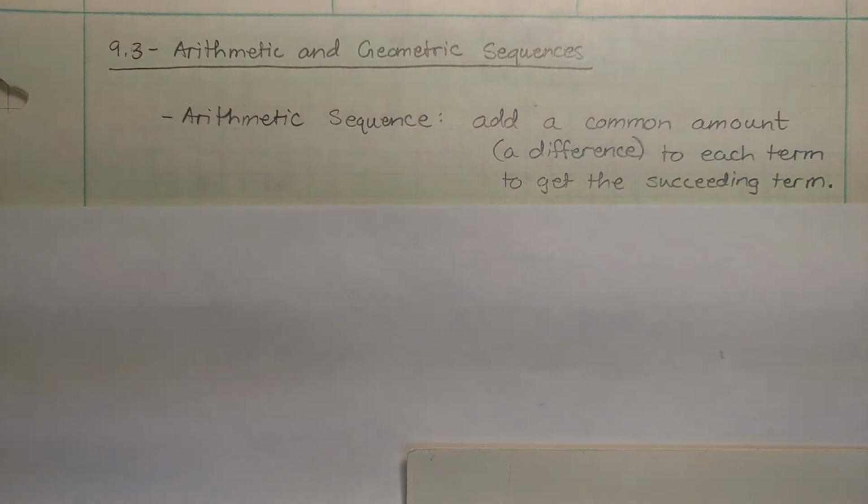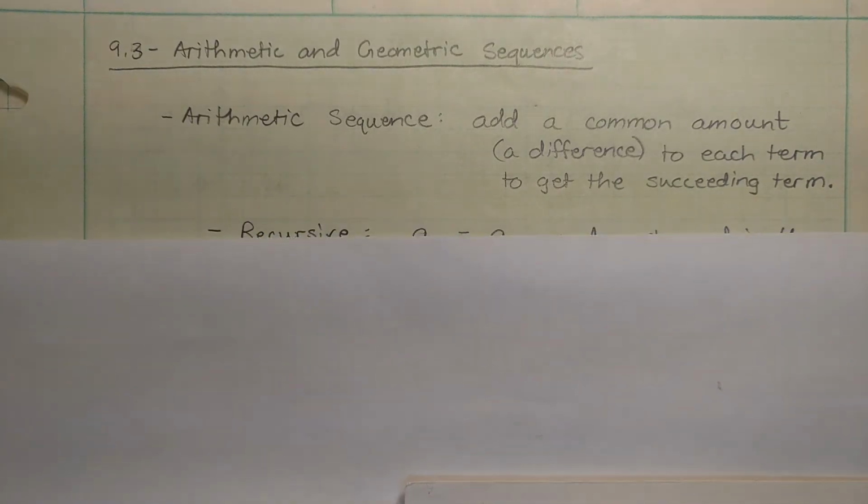Whatever that common amount is, we call it a difference because it becomes the difference between 2 successive terms. For instance, if I'm adding 2 every time and I start with 1, I go 1, 3, 5, 7, and the difference between 2 terms would be 2. So we call that common amount that we add a difference.